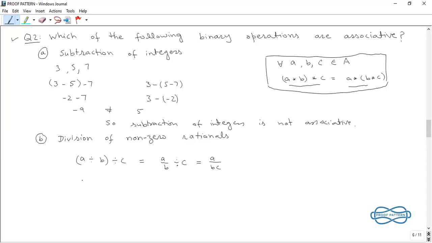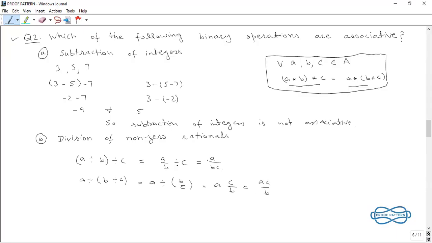On the other hand, if we take a divided by (b divided by c), we will get a divided by b over c, and that will be a into c over b, because if we convert this division into multiplication, we will get the reciprocal. So this will be ac over b.